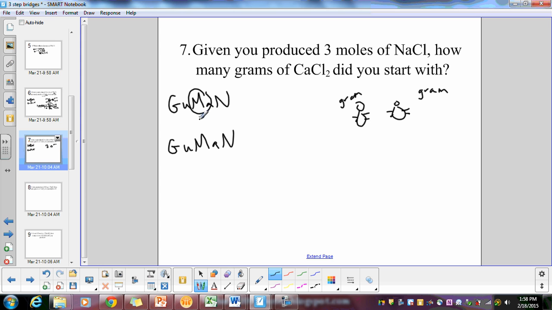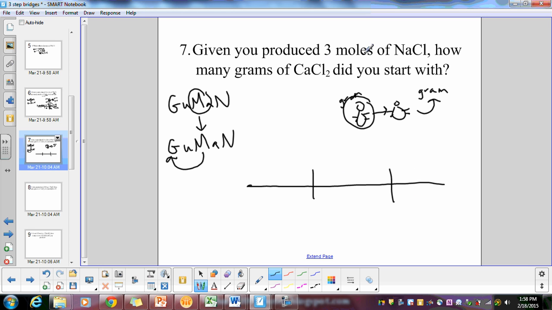So moles to moles first, and then to grams. So 2 steps tells me 2 vertical lines on my bridge. I'm starting with 3 moles of NaCl. That goes right here.